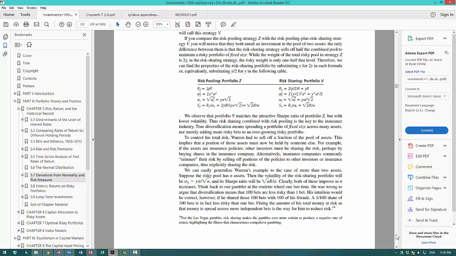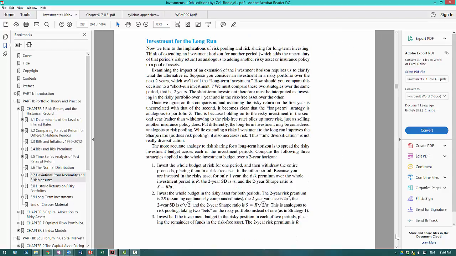If you go to the end of this section where they present three possible scenarios, you are going to invest your wealth for 2 periods. In the first choice, you invest in the risky asset for the first period, and then in the risk-free asset in the second period.